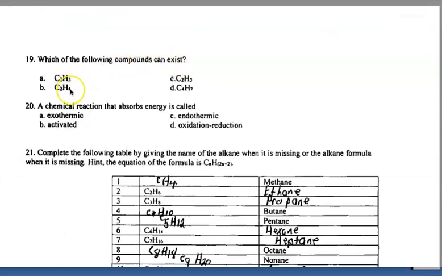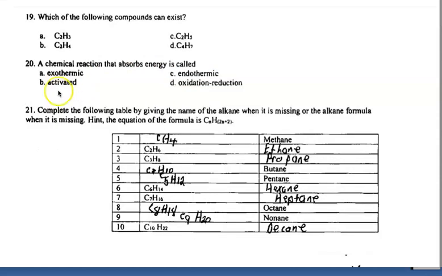Only the ones with an even number of hydrogens here. So C2H4 is the only one that can exist. 20, a chemical reaction that absorbs energy is an endothermic reaction.